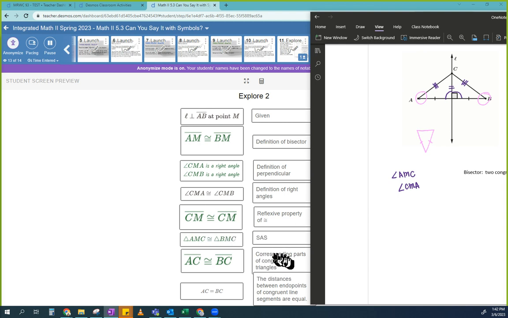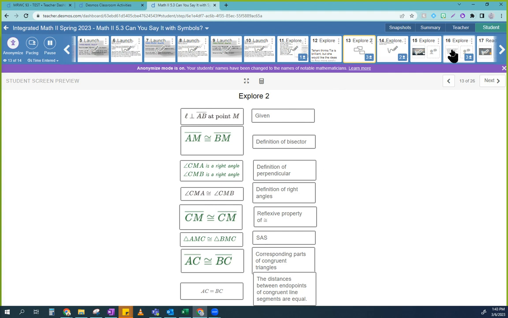It's actually this one right here: corresponding parts of congruent triangles are congruent. So angle A and angle B are congruent, right? They correspond. Very good. We already proved that these two triangles are congruent, so once I prove these are congruent, I can literally take all the parts of the triangles and say they're congruent. So very good. Those are congruent.